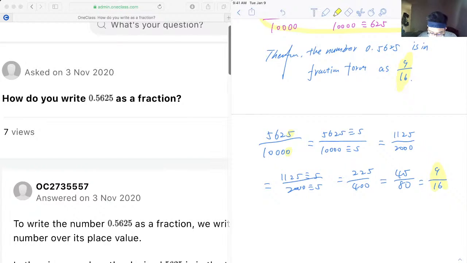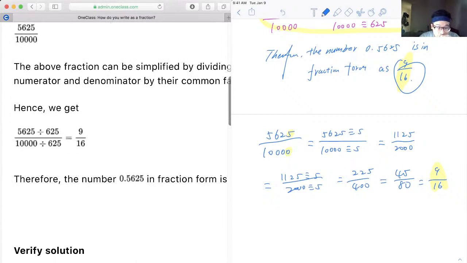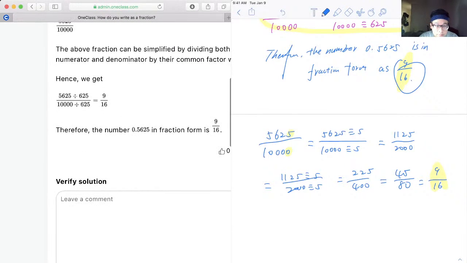In our case, there's no common factors for 9 and 16, so we stop right here. Okay, so let's leave a comment. Solution is correct. We're done.